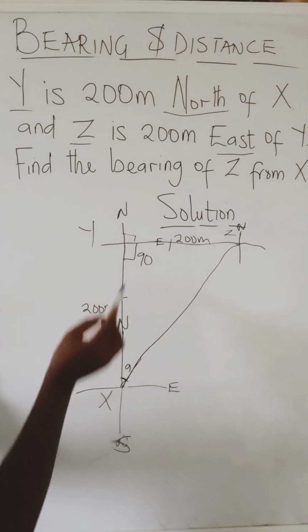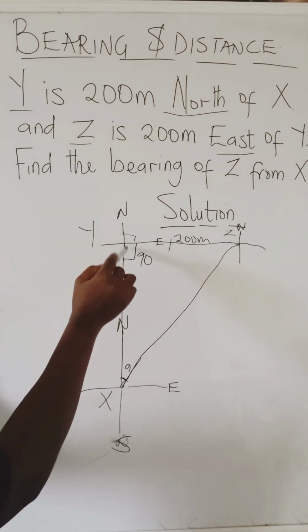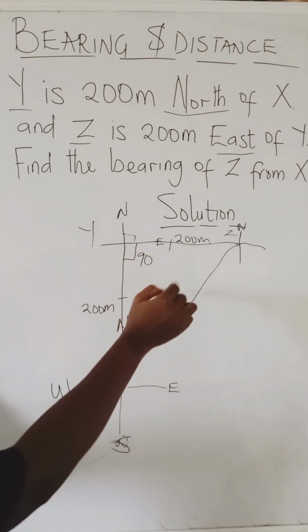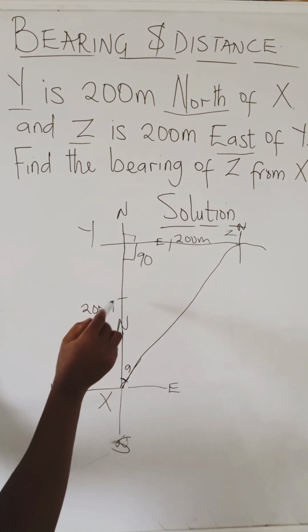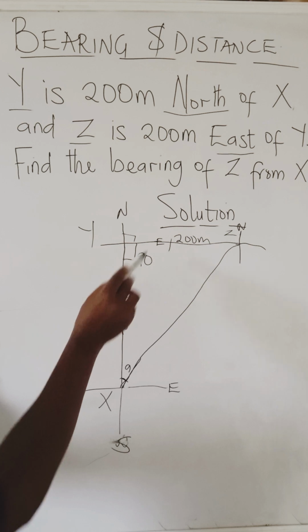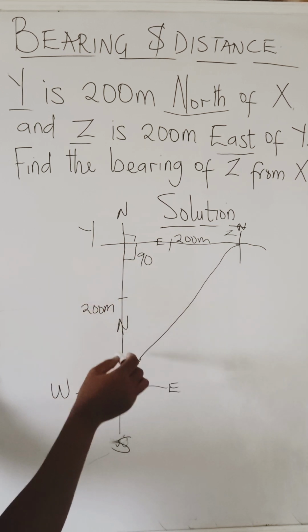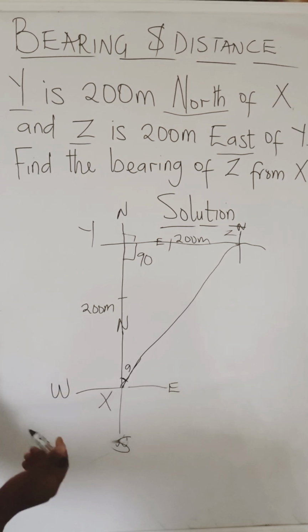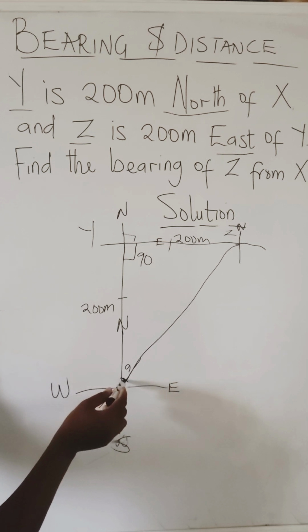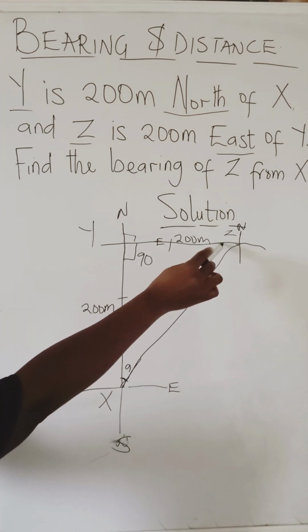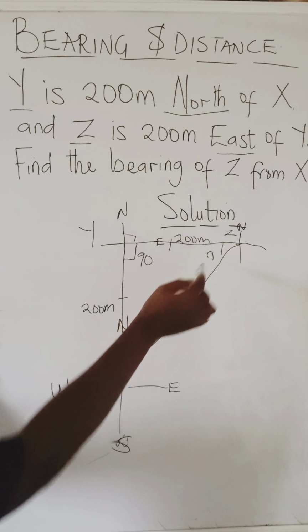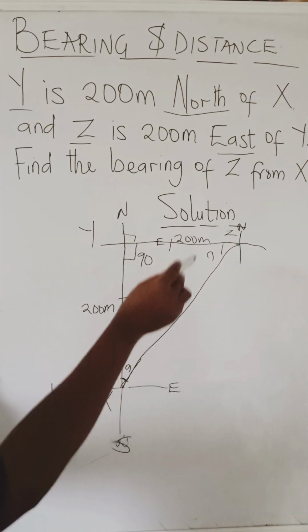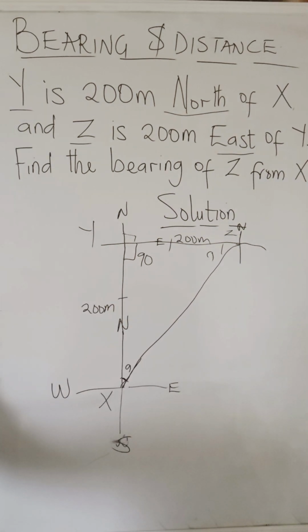This whole area is a triangle, and if two sides of a triangle are equal, it is called an isosceles triangle. So this triangle is isosceles, and if this angle is A, we can also say this angle here is A, because they are the base angles of an isosceles triangle.